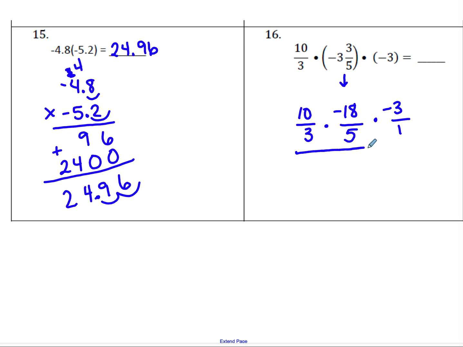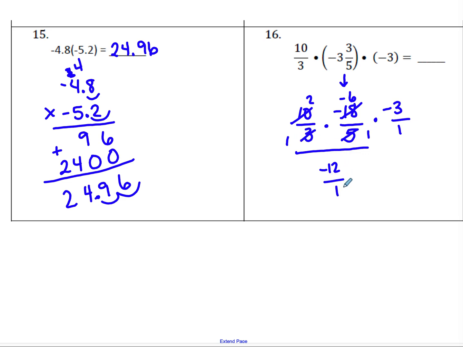So I'm going to start by just multiplying these first two. 10 divided by 5 is 2. 5 divided by 5 is 1. 3 divided by 3 is 1. -18 divided by 3 is -6. So to multiply these two together, 2 times -6 is -12. 1 times 1 is 1.